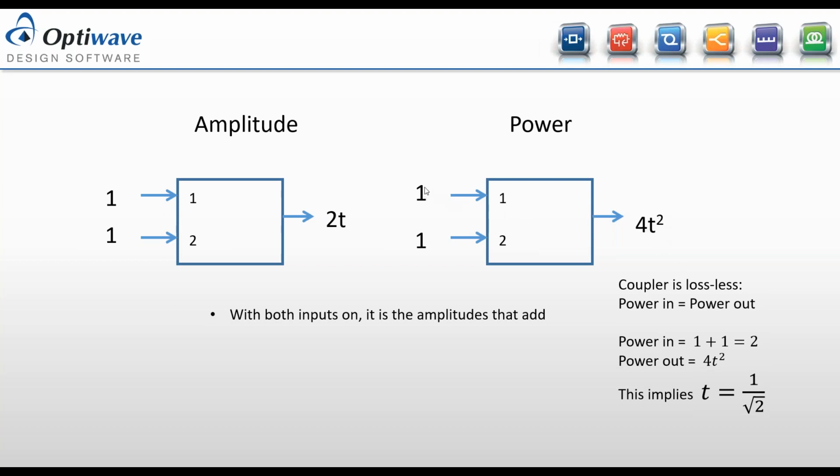So we know that when we put 1 unit of power in on both ports, we get 2 units of power out. We've already seen that. So because of that, we know that 4T squared must be 2. All right, there's a little bit of math. 4T squared equals 2. You do the math and you find out that T is 1 over the square root of 2. Okay, there's the math. It's done. It's over.